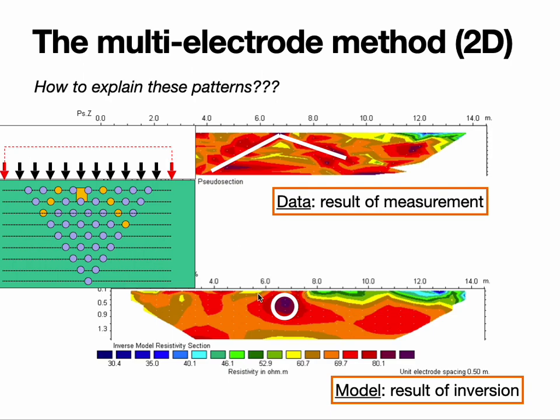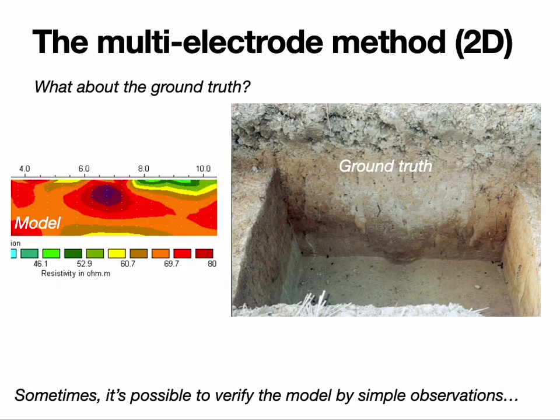So the measurements are consistent with a model of a single circular anomaly. And sometimes one can actually check the ground truth, especially in archaeology, because at some point people want to dig a hole and verify and find interesting things.